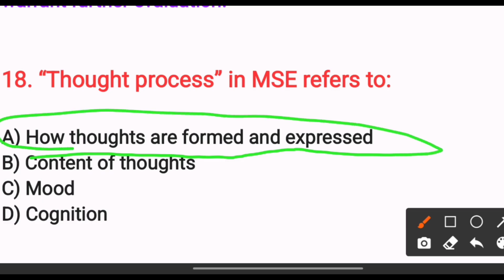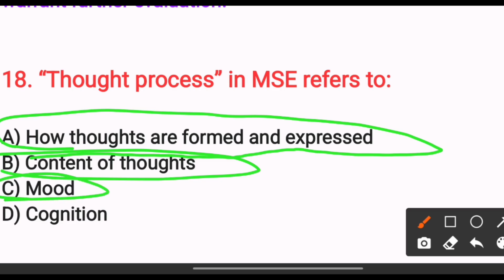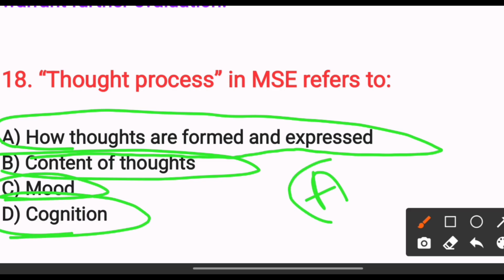Option B, content of thoughts. Option C, mood. Option D, cognition. The answer is option A, how thoughts are formed and expressed, because thought process evaluates the coherence, logic and flow of thinking. So the answer will be option A.